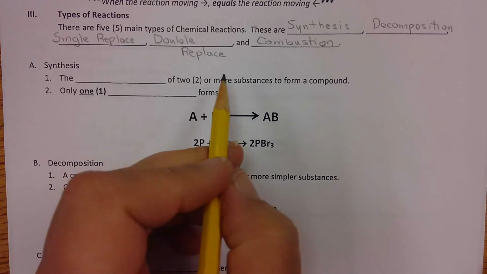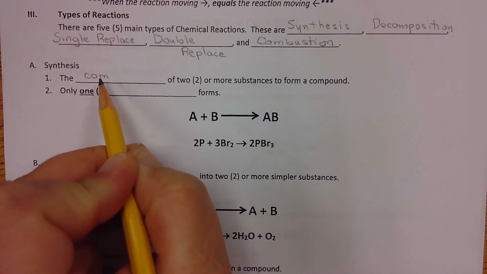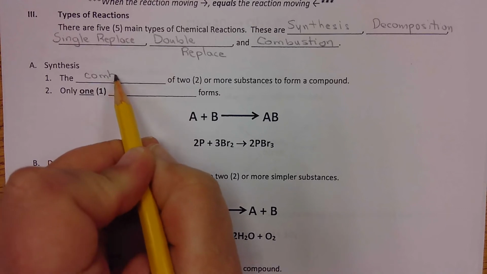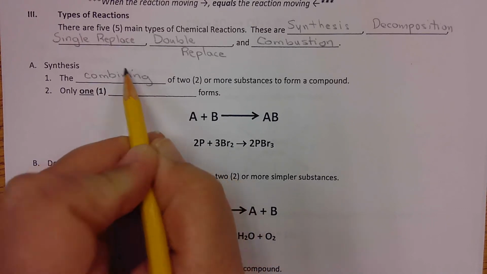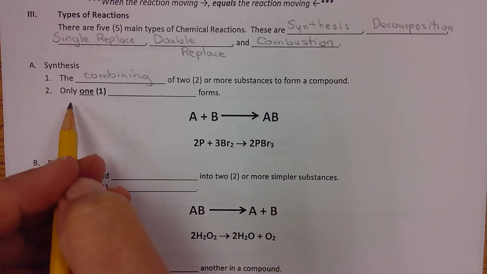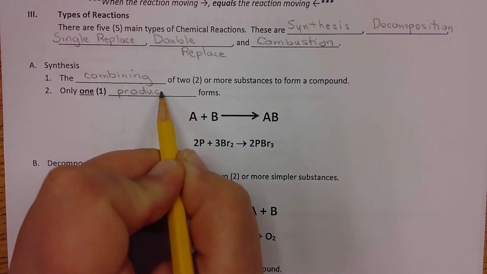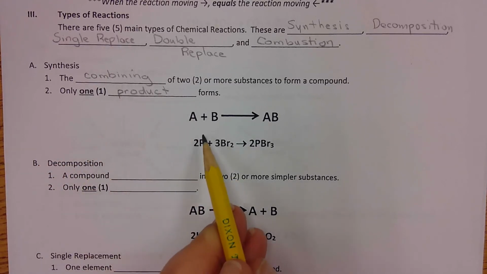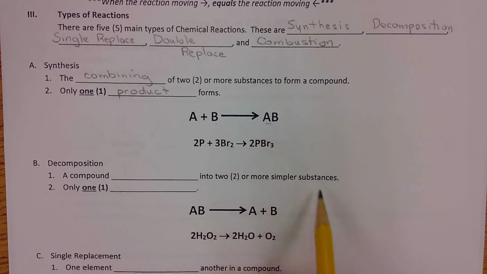So basically, synthesis is just like the word says, it's putting things together. But it's the combining of two or more substances to form a compound. What we get is there's only one product that is formed. So we have two things, chemical reaction, then they're bonded together.